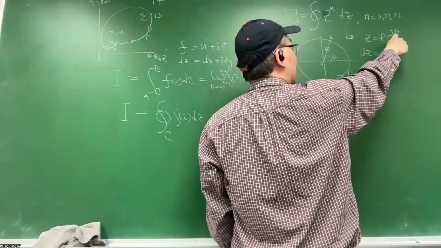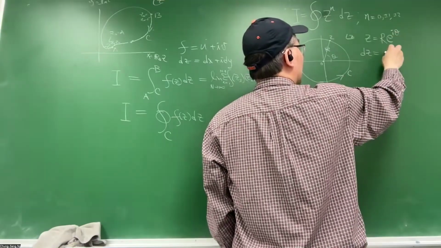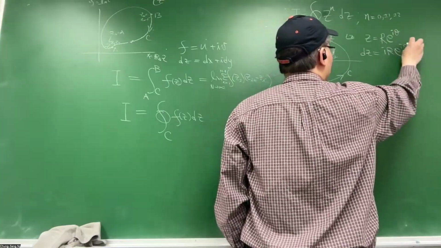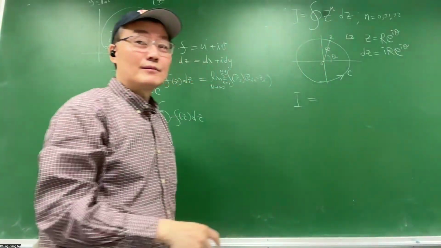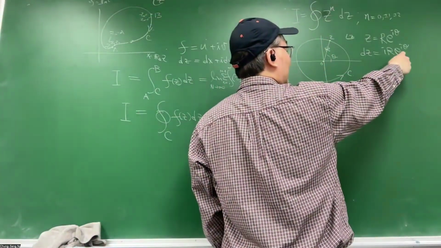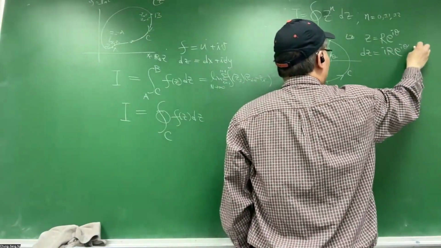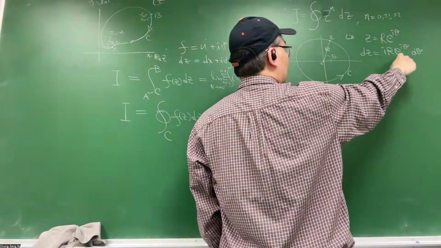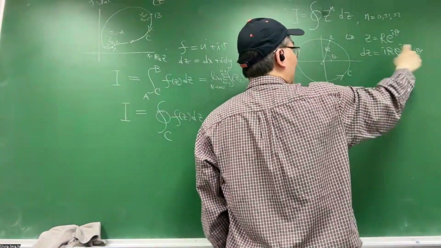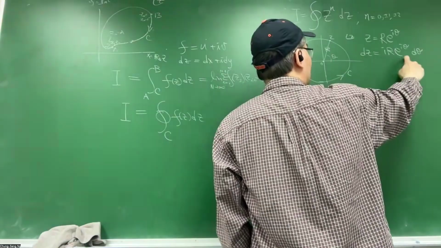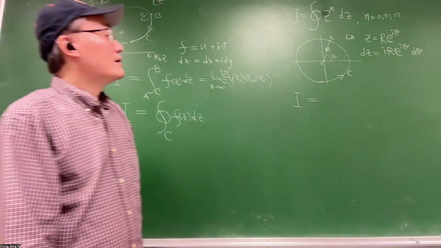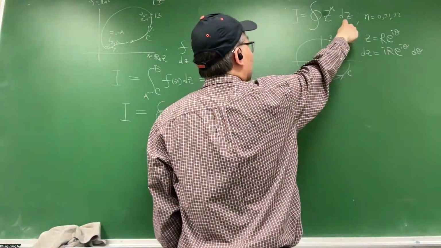Just do the usual derivatives, we get i R e to the i theta, right? Because for the exponential function, the derivative is the exponential function, and then d theta. So that is dz equals the derivative times d theta.